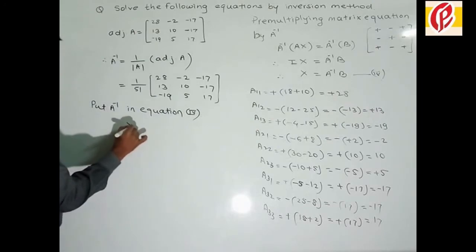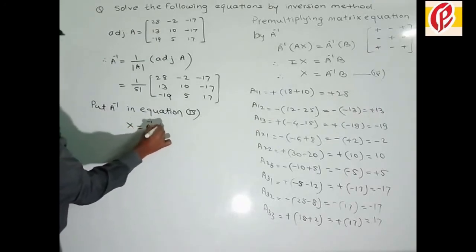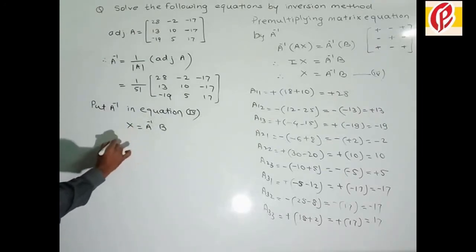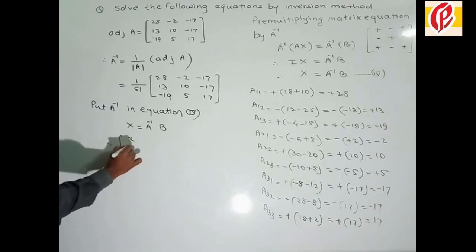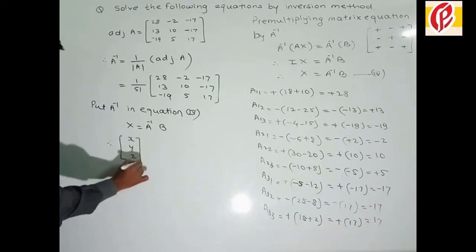So X is equal to A inverse B. So X is the variable matrix. So variables are x, y and z.